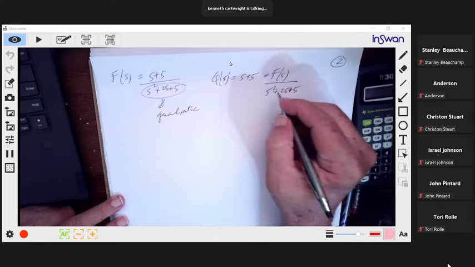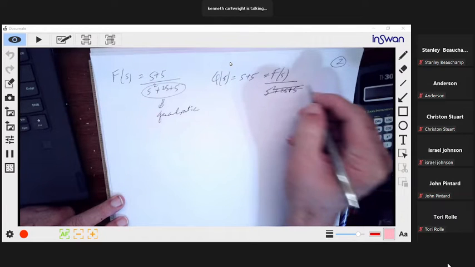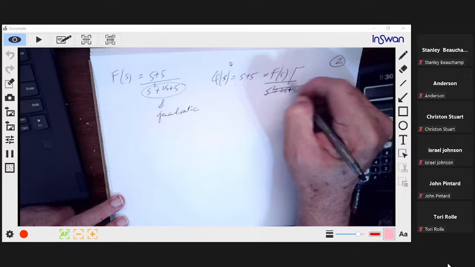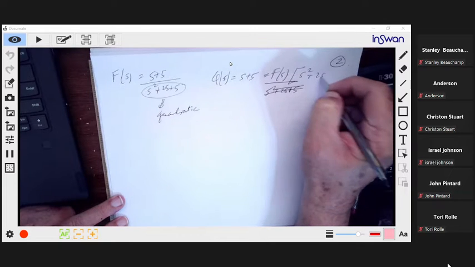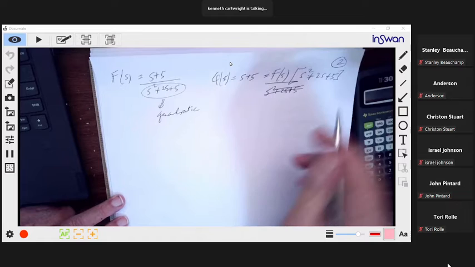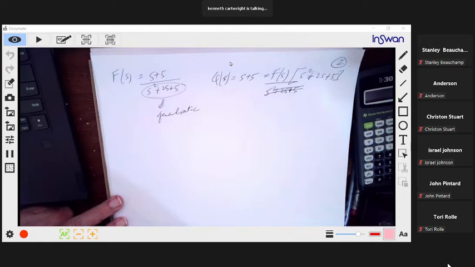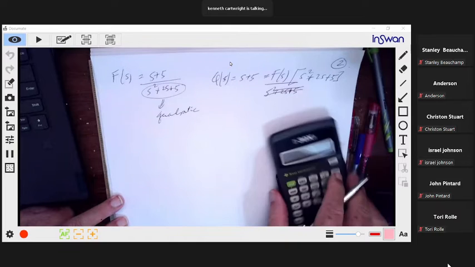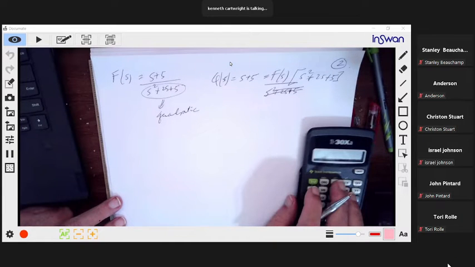Sorry, I mean multiplied. So q of s is everything of f of s except the quadratic.